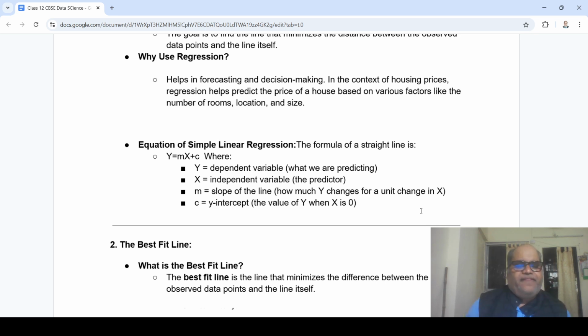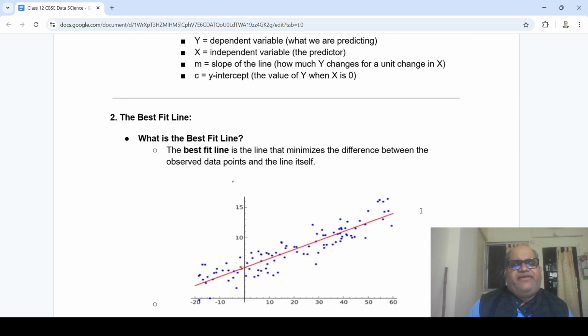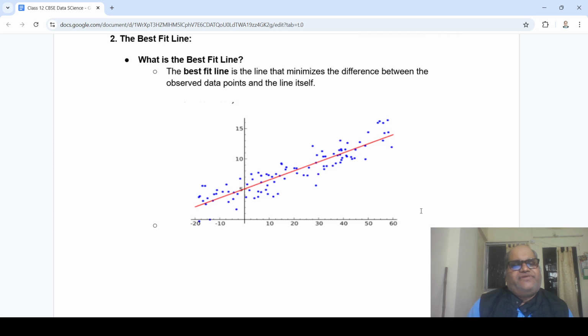And we'll now talk about the difference in simple linear regression from the geometry definition of a straight line: only one line couldn't fit all your data points. So if you see this as a scatter plot, and if you assume that on the y-axis you have price of the house and on the x-axis size of the house, then you can see there are a bunch of data points.